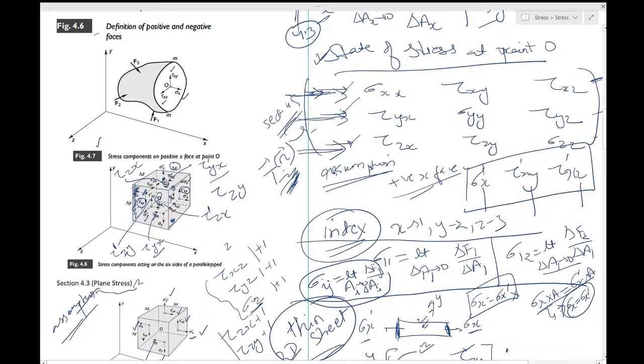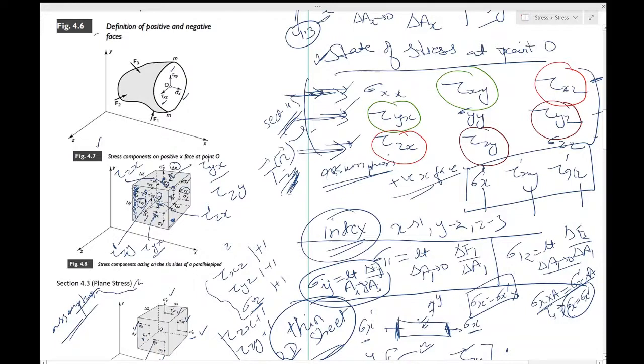So tau xy has been shown to be equal to tau yx. Similarly, it is easy to prove, we are not doing it because it is slightly more involved, but it is possible to prove that tau zx will also be the same as tau xz, and with another pen, let's go with brown, tau yz will be the same as tau zy.